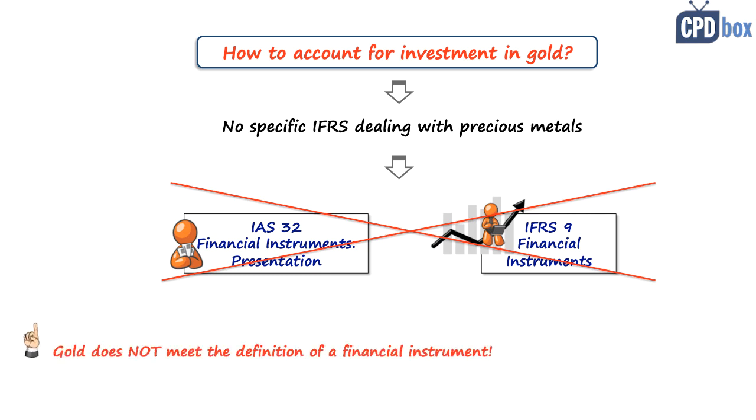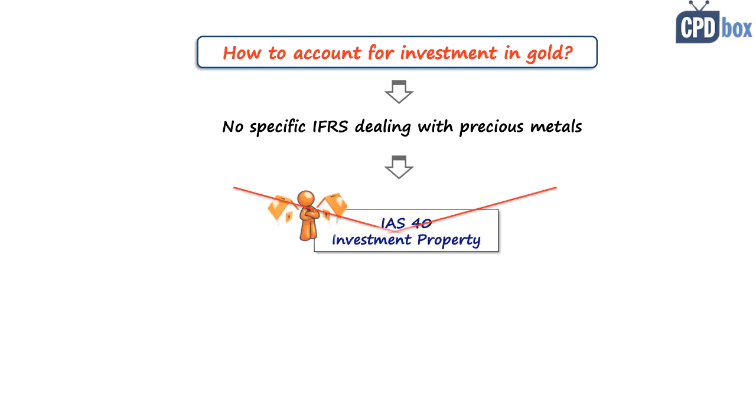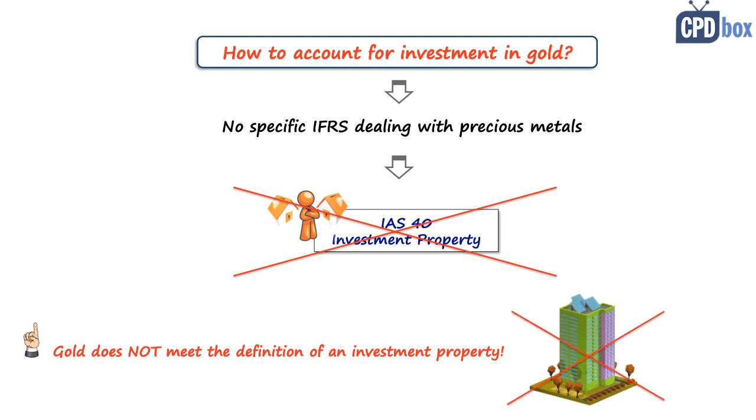First of all, a financial instrument arises from a contractual arrangement, and there is no contractual arrangement when it comes to gold, especially physical gold. And the same applies to IAS 40 investment property. Gold does not meet the definition of investment property because under IAS 40, investment property is either land or building or their parts, not gold, nor other precious metals.